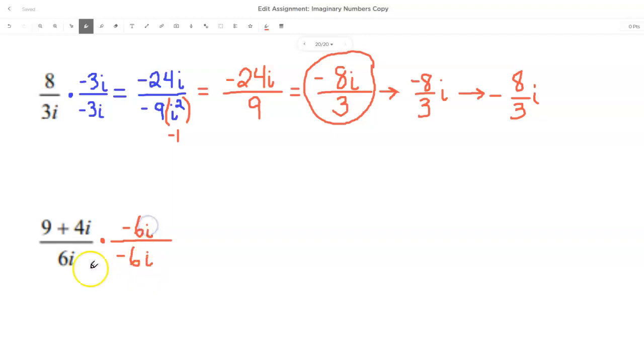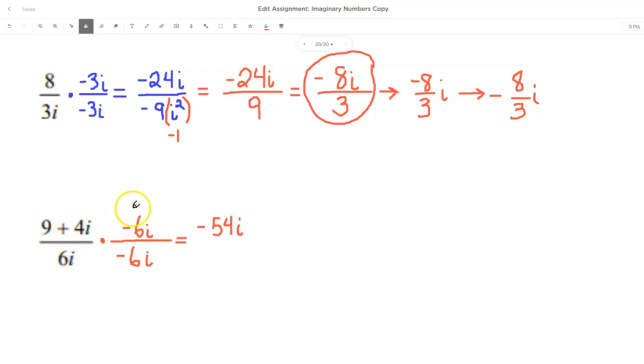Whatever I do in that denominator, I have to do to the numerator as well. So now I'm going to use the distributive property in order to simplify here. 9 times negative 6 is negative 54, and that is i.